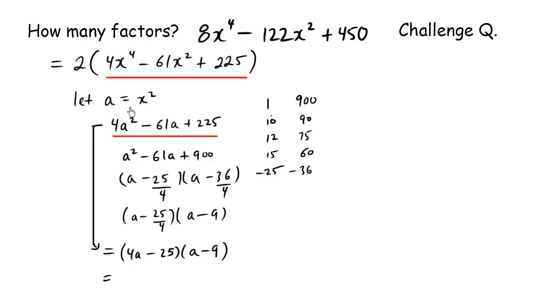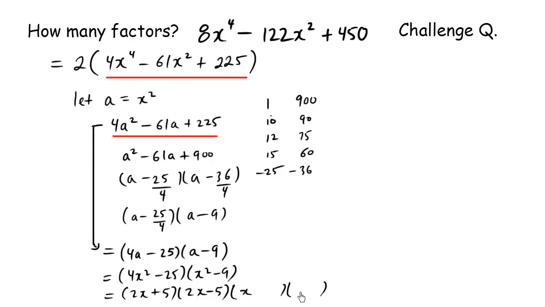Now recall that a equals x squared, so what we have is 4x squared minus 25, x squared minus 9, and we can see that this is difference of squares, so we actually get 2x plus 5, 2x minus 5, and the x squared minus 9 becomes x plus 3, x minus 3.